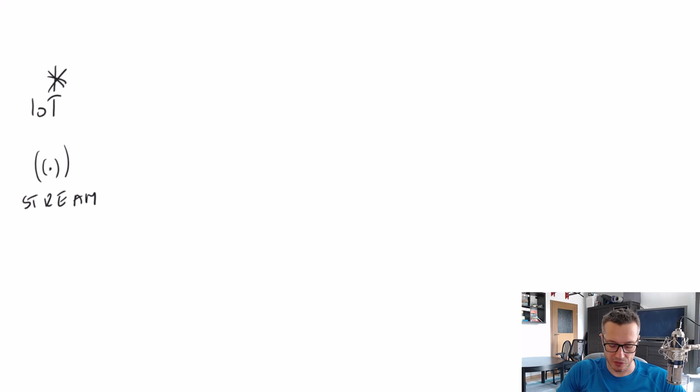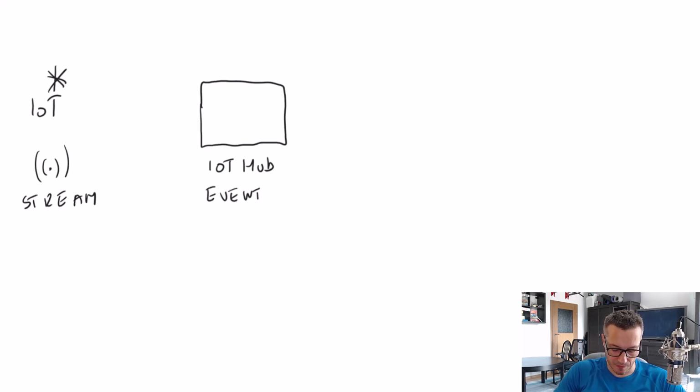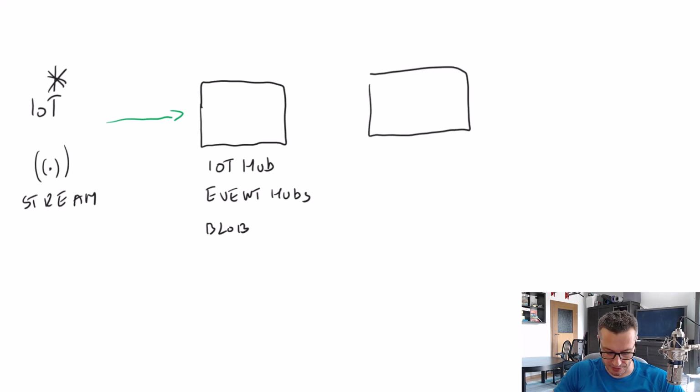Then this data is sent to ingest, and I will not use icons today just to make it faster. It might be IoT Hub, it might be Event Hubs, or Blob storage. So data flows like this, then it goes, in our case, to Azure Stream Analytics.